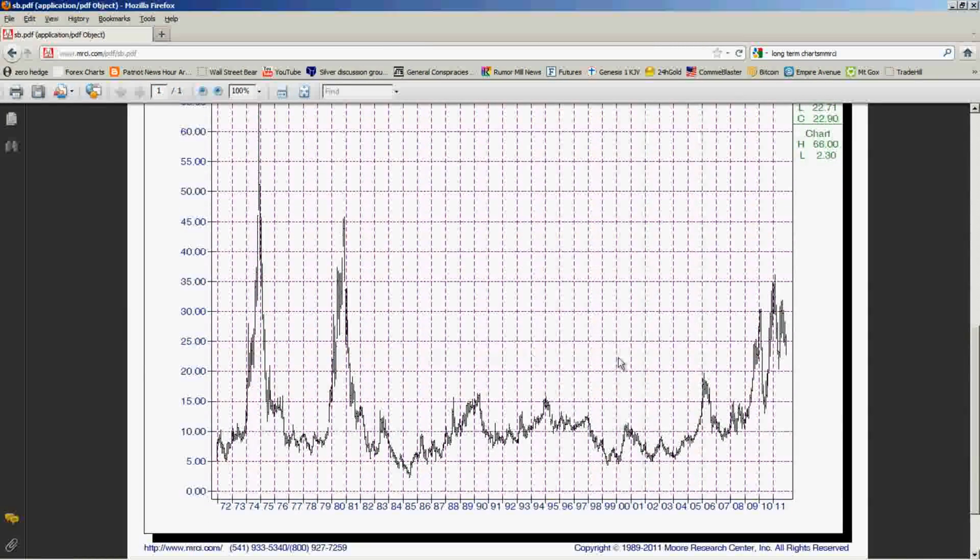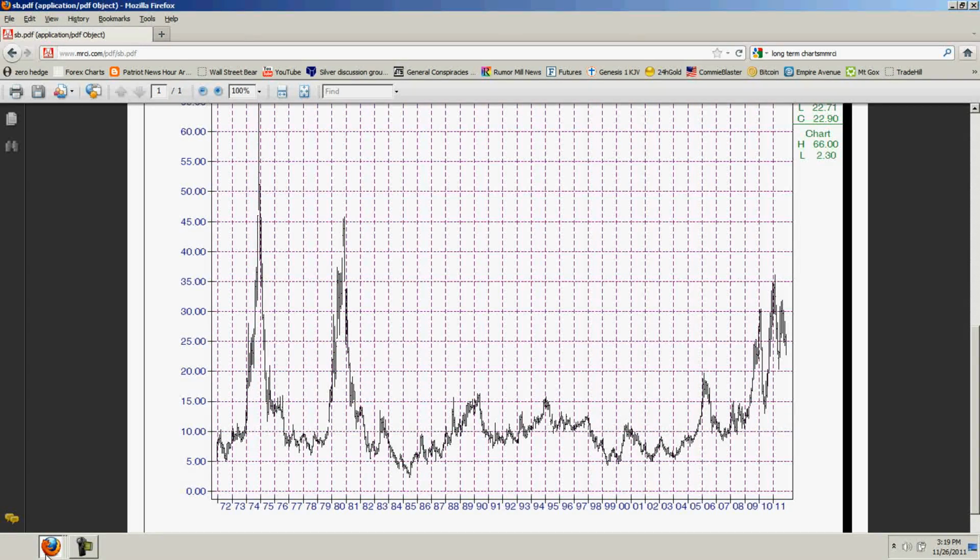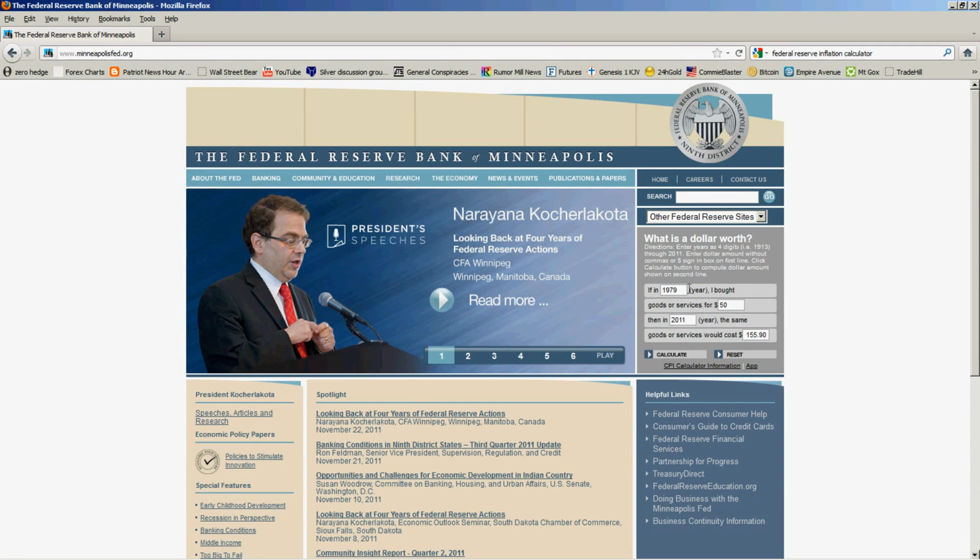If you look at these prices, the base here, we broke out of, say, 10, roughly 15. Let's just use a base price of 15 because this seems like a fairly average line for where prices went to. And if we go over to our calculator at the Federal Reserve, if we look at 1972 prices for sugar at around 15, an inflation adjusted price is going to yield 81.